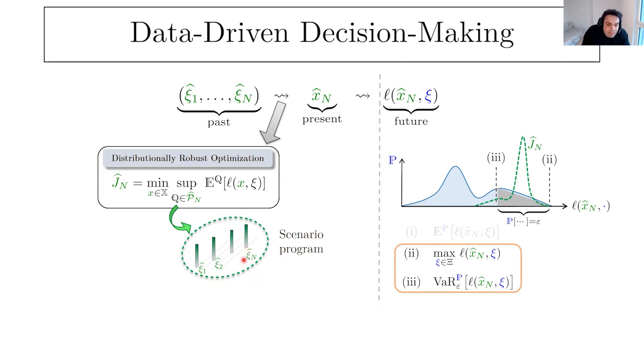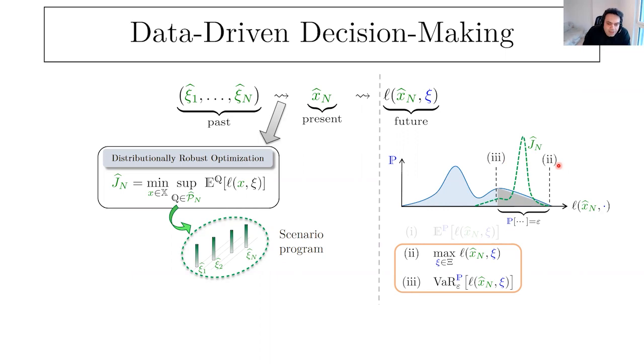And it turns out that this J hat n, defined in this way, has a very interesting property in terms of where this distribution is located. By definition, we know that this value is always going to be less than number 2, but the question is more how it's going to be above number 3 and how close it's going to be to number 2 as the number of data increases.